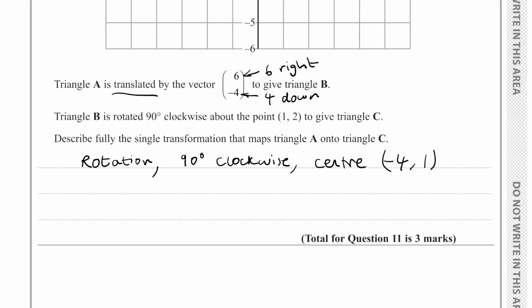When we're describing a transformation, it's either a translation, an enlargement, a rotation, or a reflection. We've got to use one of those words, and then we give the information to describe it. So translation, we tell them how far it's moved. An enlargement, the scale factor and the center of enlargement. A reflection, the line of reflection, and for rotation, the center of rotation and how far it's been rotated.